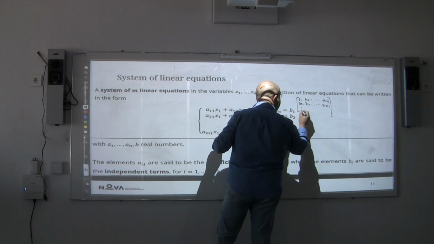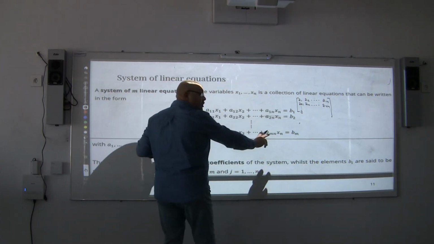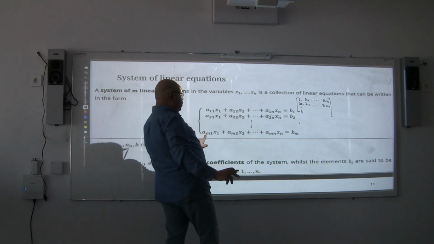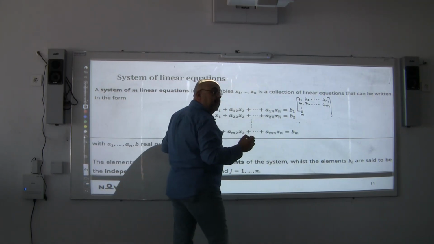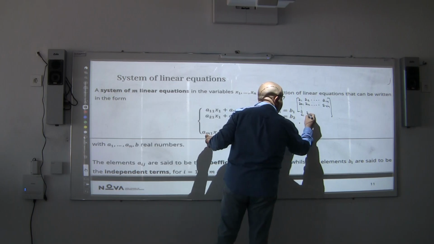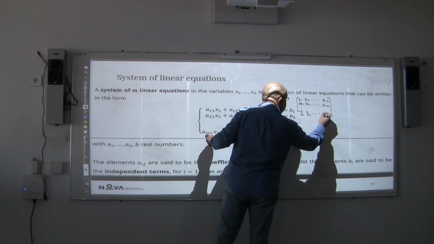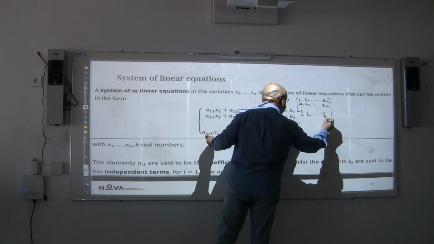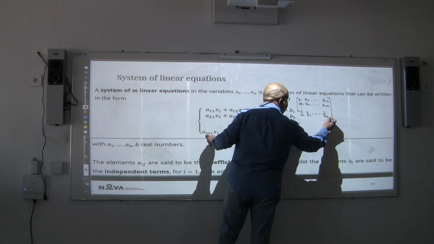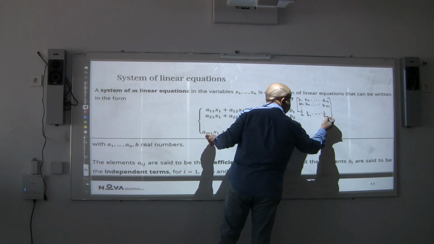Then I will go down till I reach the last equation. The last equation will start with the coefficient am1 in the first column, then am2 in the second column, and so on, till you reach amn, the equation number m and the unknown n.